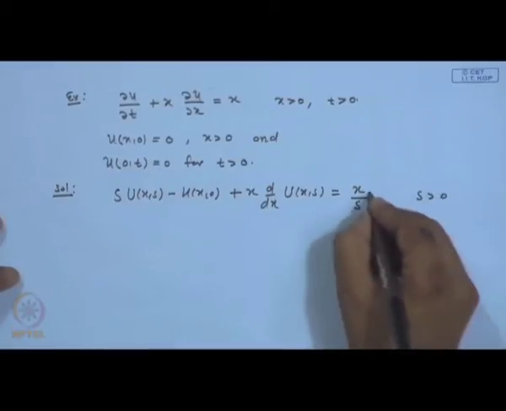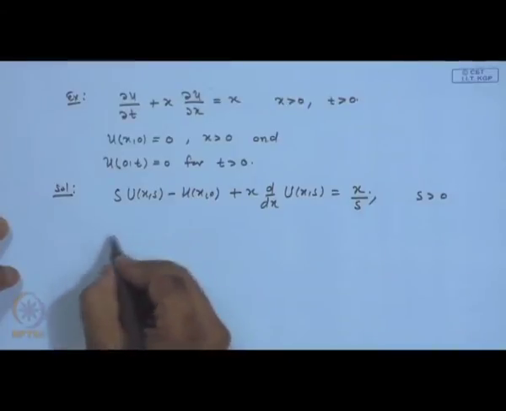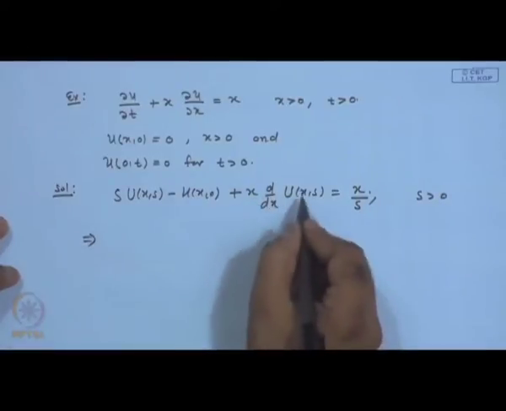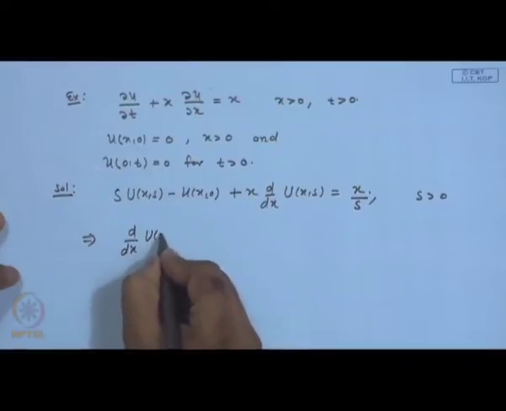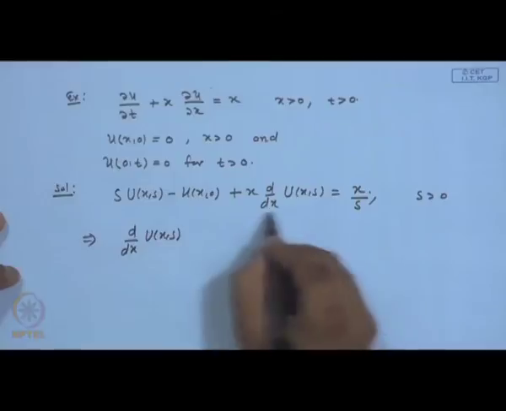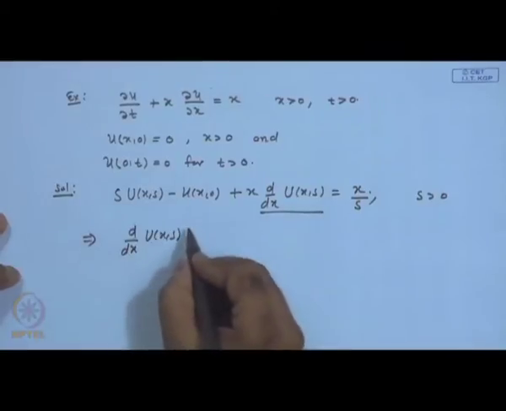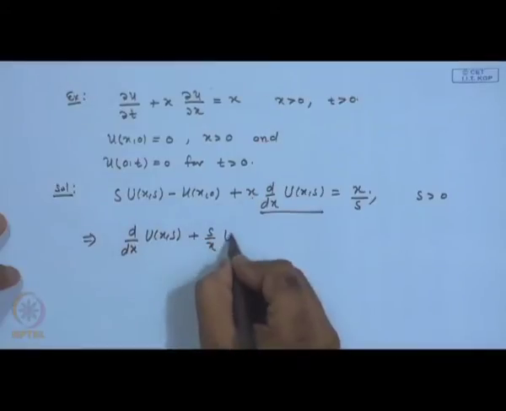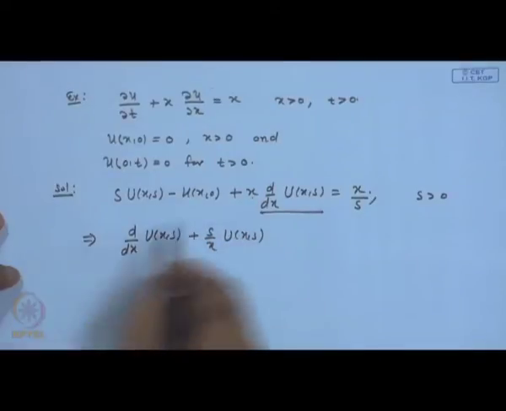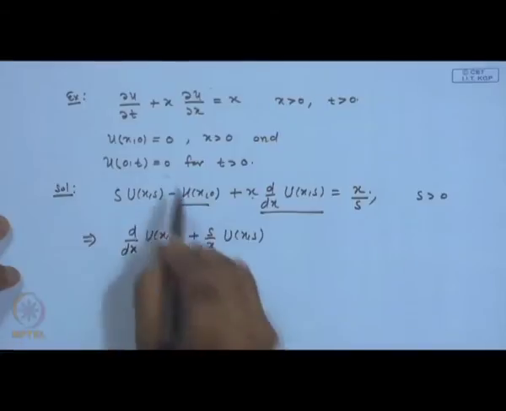So, for s positive, this will lead to the differential equation d/dx of u(x,s) plus s over x times u(x,s). u(x,0) is 0.